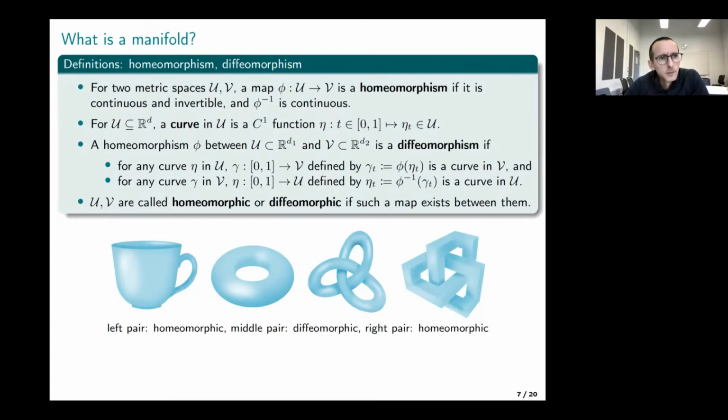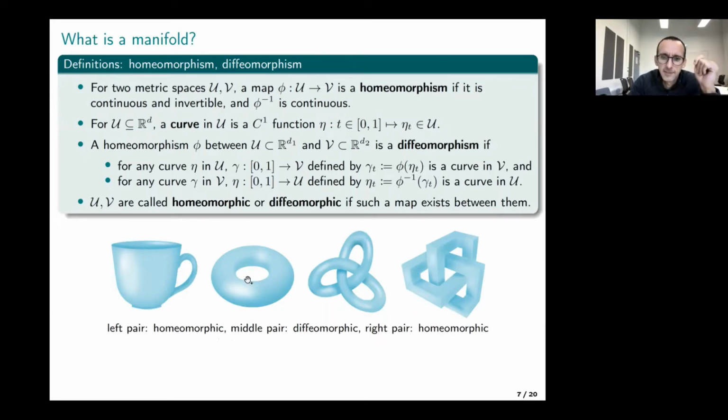The way one can intuitively understand that is that a sufficient condition to be homeomorphic is that I can deform one set into the other by bending, stretching and twisting, but without tearing, puncturing or gluing things together. If a function phi corresponds to those operations, then one has a homeomorphism.